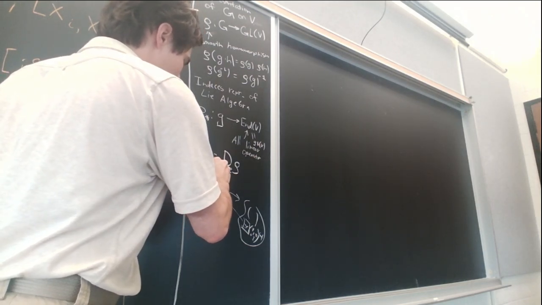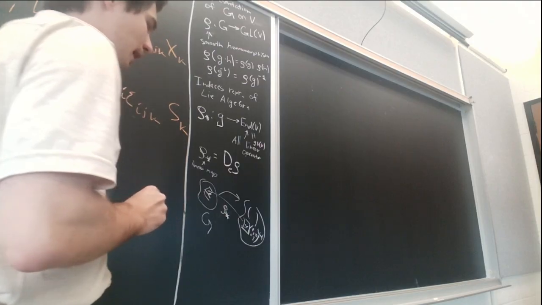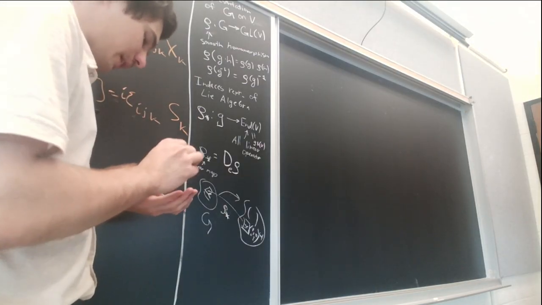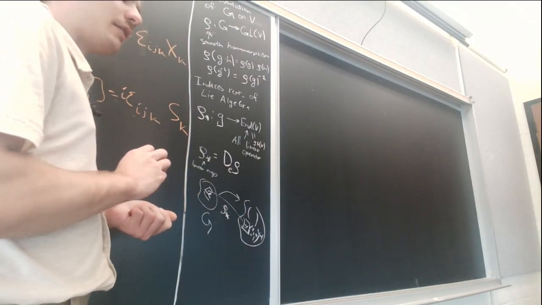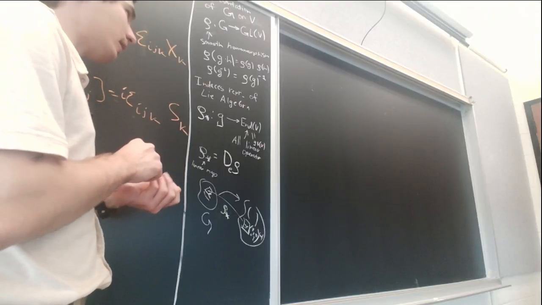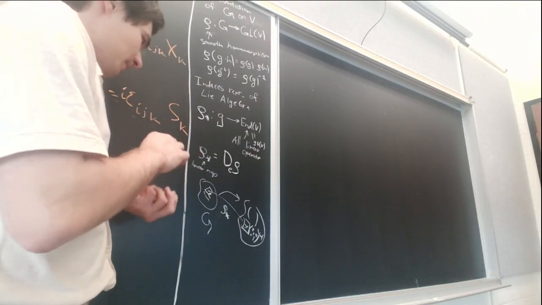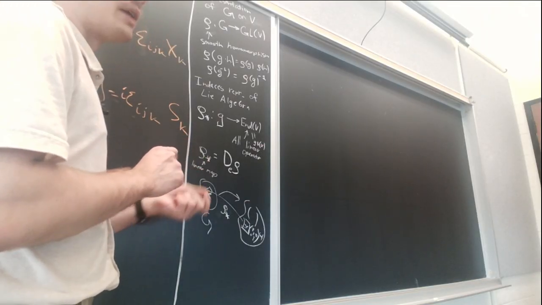One of the big properties it has, which follows from the definition since we define the Lie bracket this way essentially, is that it preserves the Lie bracket.